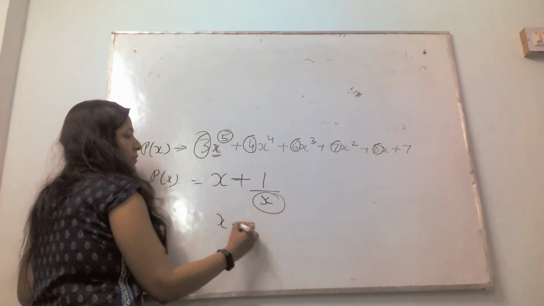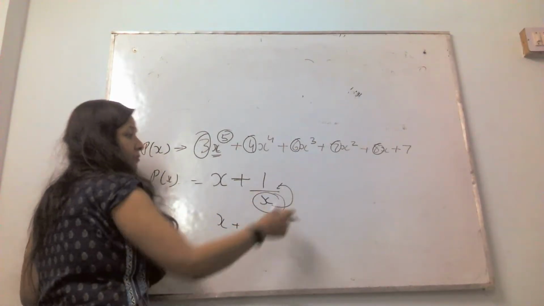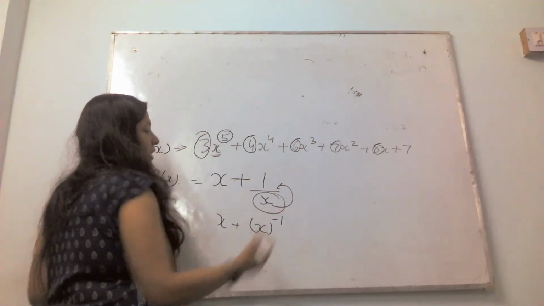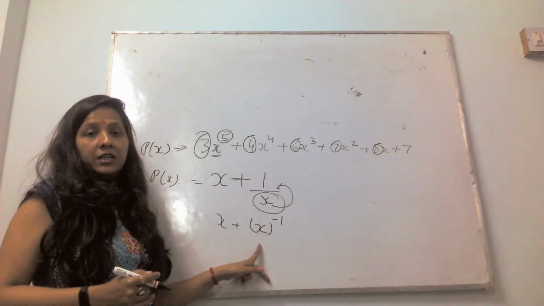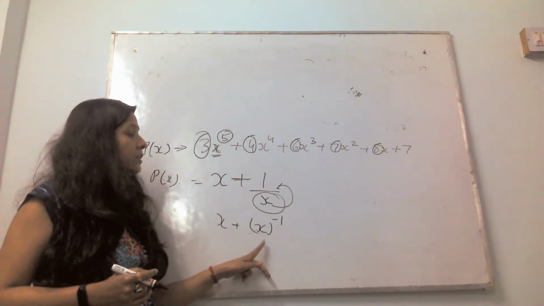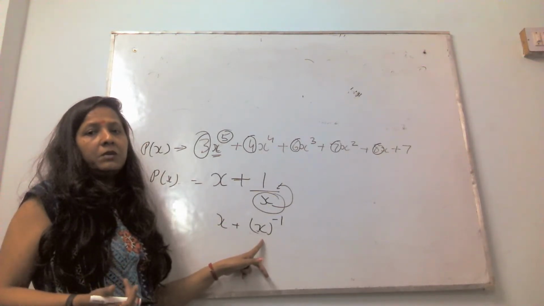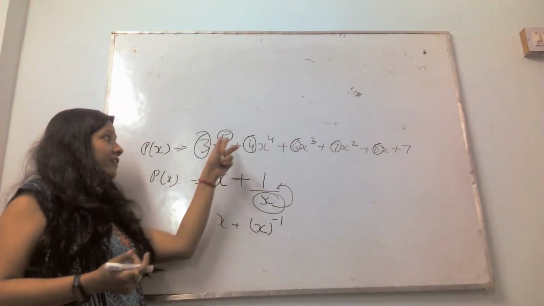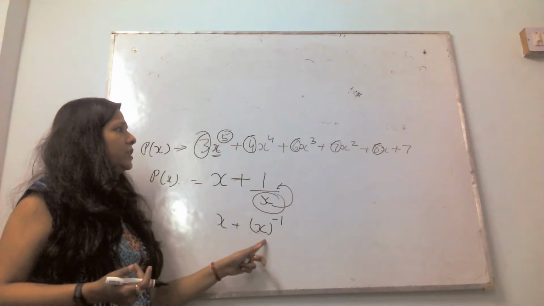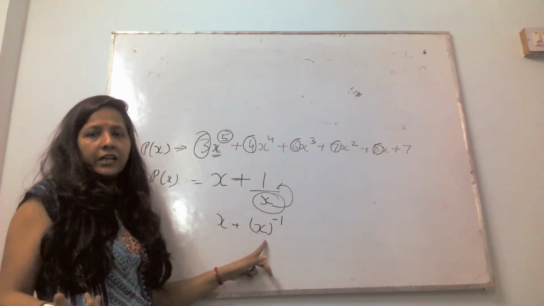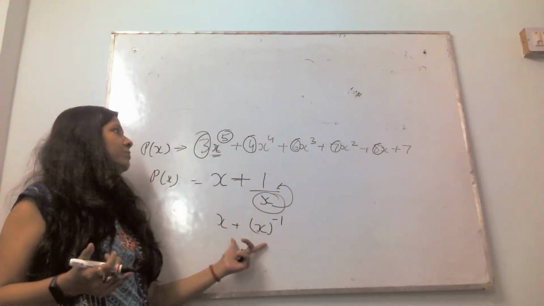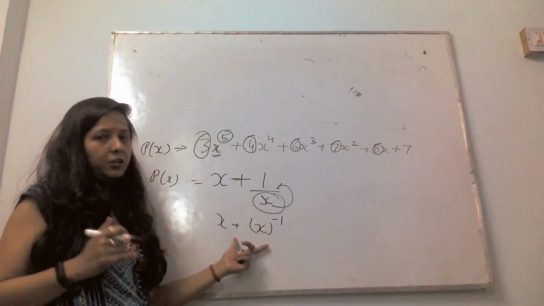If we take it to the numerator by reciprocating, it becomes x to the power minus 1. It is not a polynomial because we have learned that the power of the variable should not be negative.